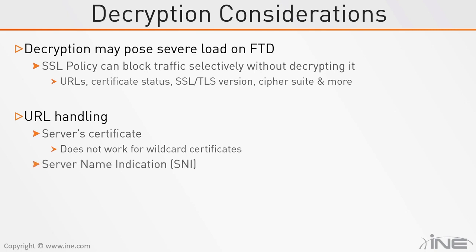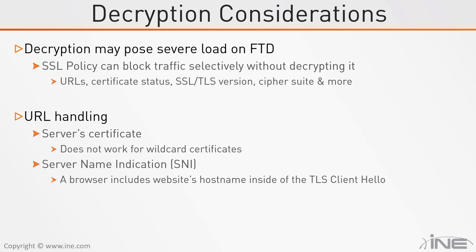Now, method number 2, which is supposed to solve the problem related to wildcard certificates, is called SNI, and this is just one of the applications of SNI. The other one is to allow you to distinguish between the websites hosted on a single server, on a single IP address.